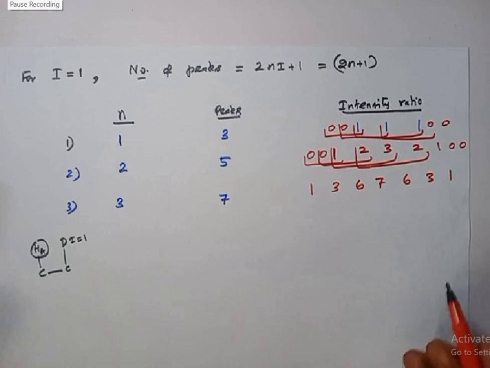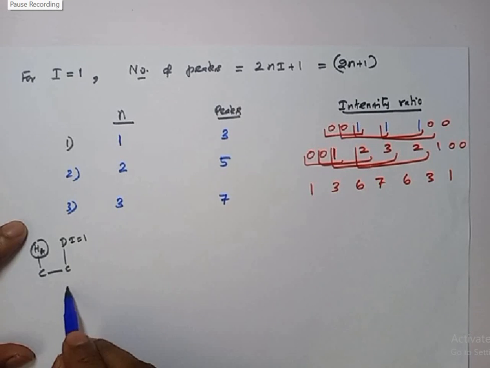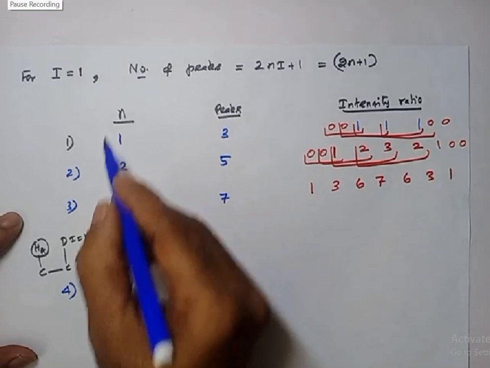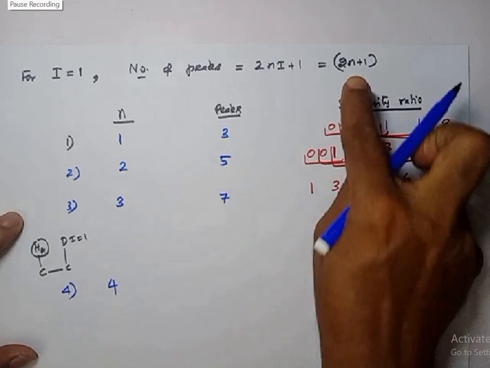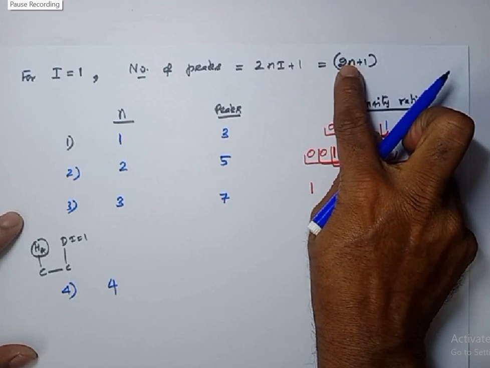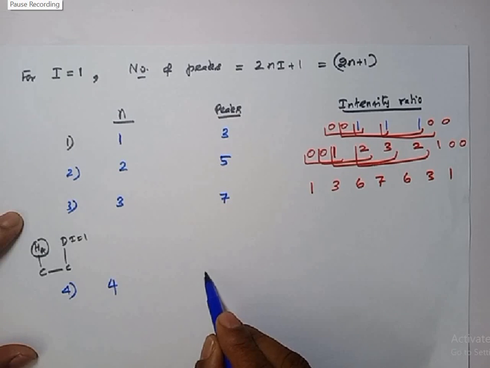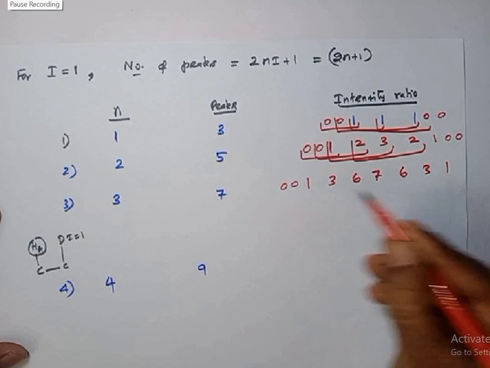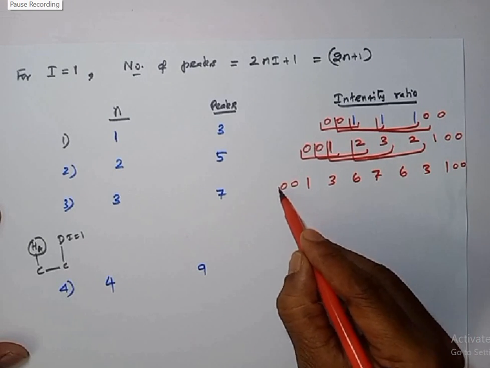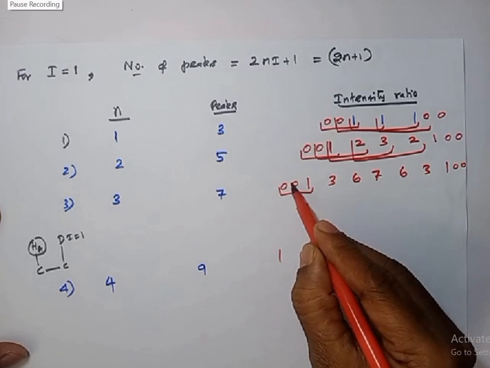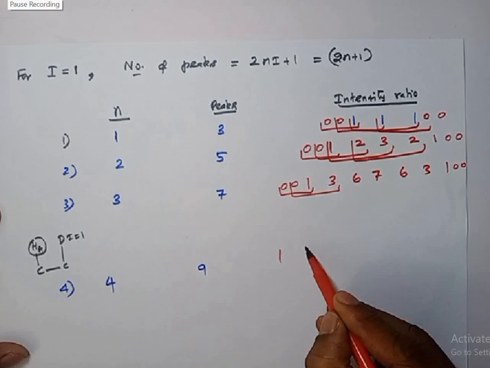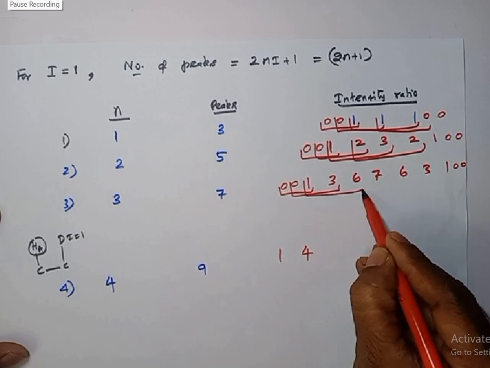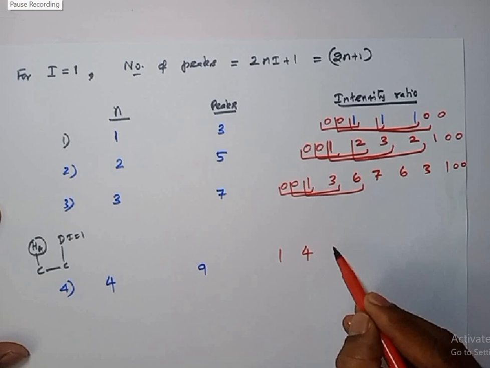Okay, in this way you can find the intensity ratio of any one. For example, let me write one more so that we'll get some clarity. If n is equal to 4, if you put n equal to 4 here, 4 into 2 is 8, 8 plus 1 is 9, so we get 9 peaks. What is the intensity ratio of the 9 peaks? Very simple. Add 2 zeros on both sides. Then add 3 numbers at a time. 1. Next 3 numbers, 3. Next 3 numbers, 6 plus 3, 9. 9 plus 1, 10.